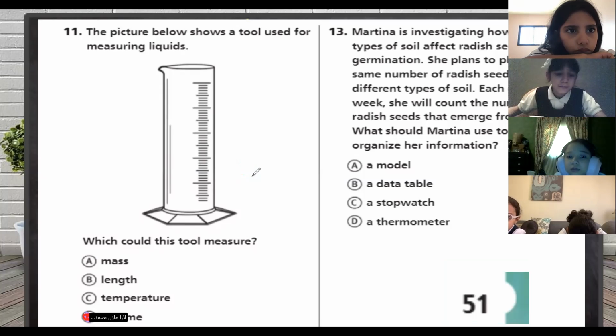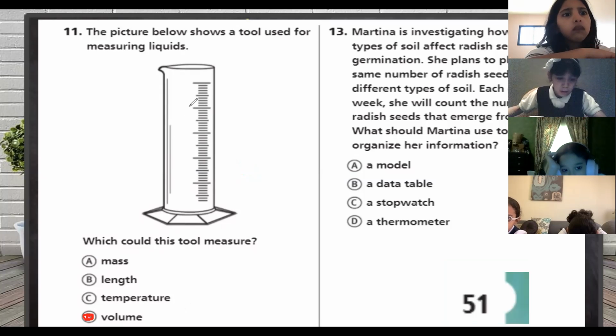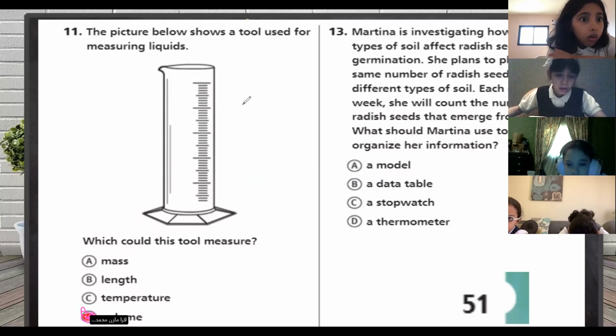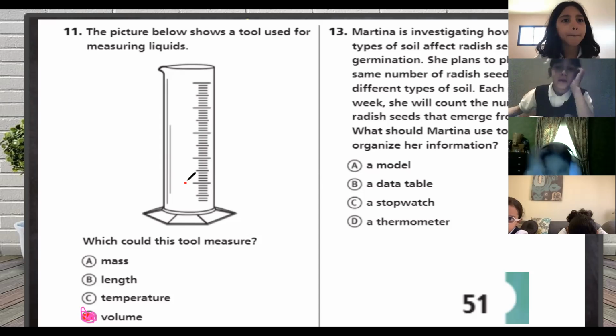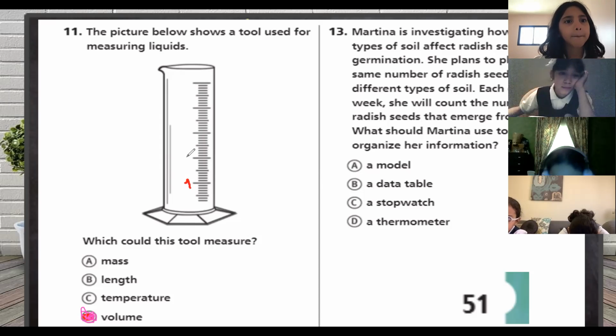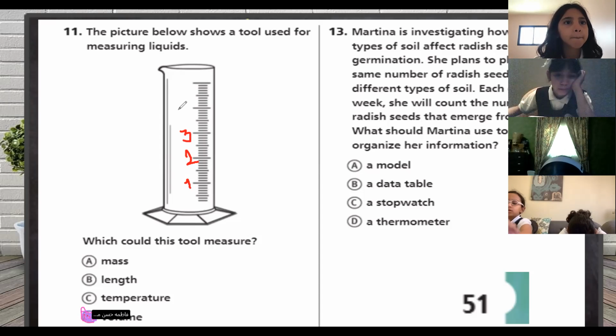So, when you measure the volume, you are measuring the space that something takes up. Now, I want to know how much the water will take up inside the graduated cylinder. Is it 1 milliliter, 2, 3, 4, or 5?